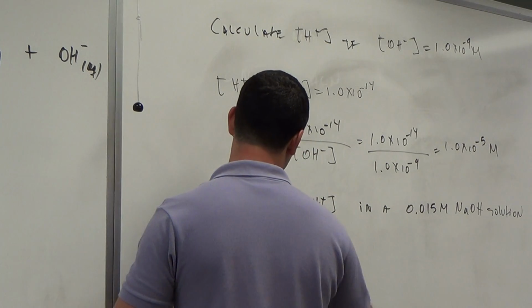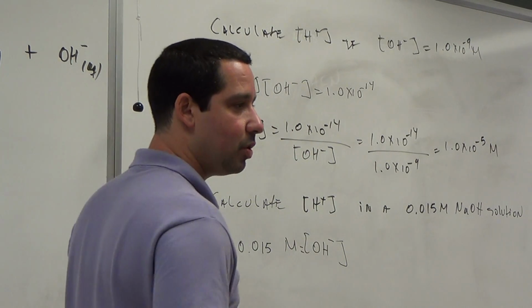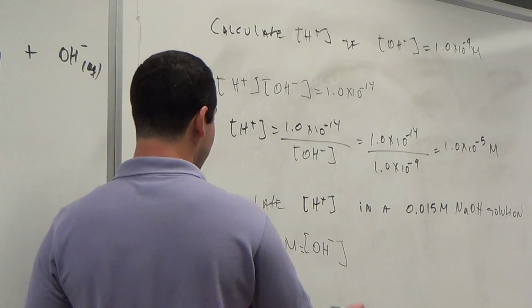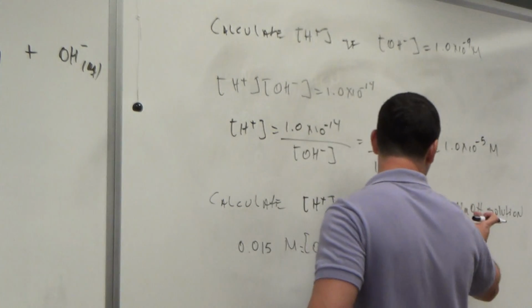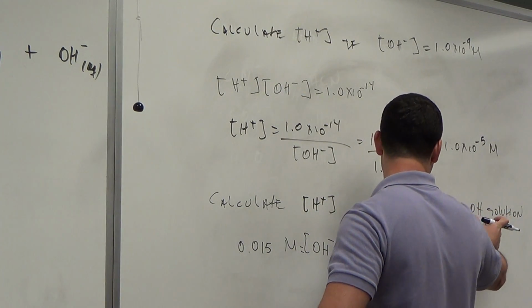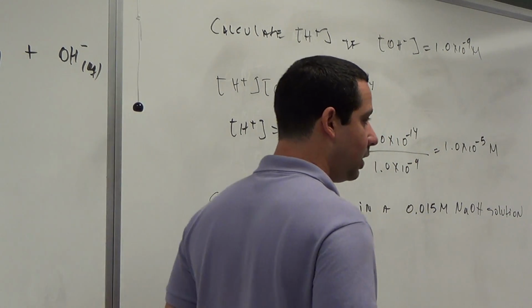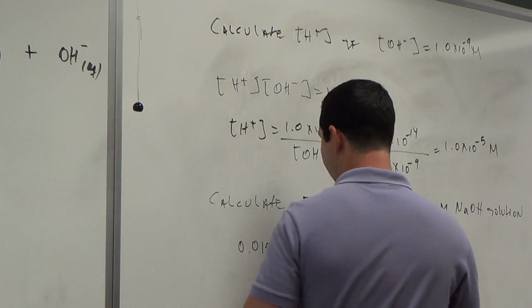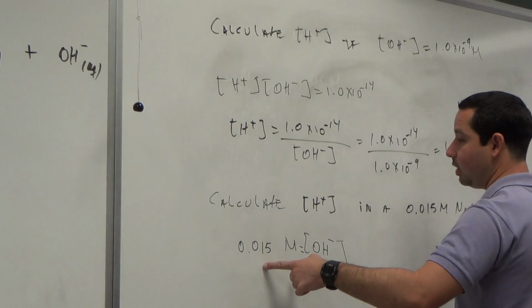Does this make sense to you, yes or no? It completely dissociates into the components, yes? The second one is what we're interested in. So the concentration of OH minus is 0.015 molarity.